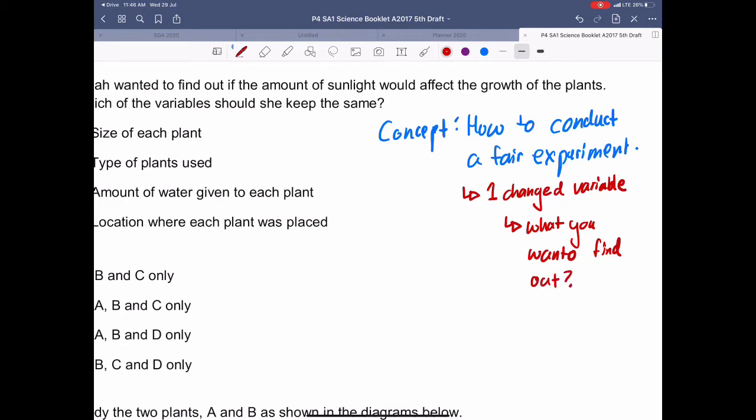Now, what do I mean by that? So, for example, you want to know if, let's just say, eating more vegetables would actually make you lose weight. So, what you need to do is, you need to repeat the experiment. The first experiment, you would eat the exact same food.